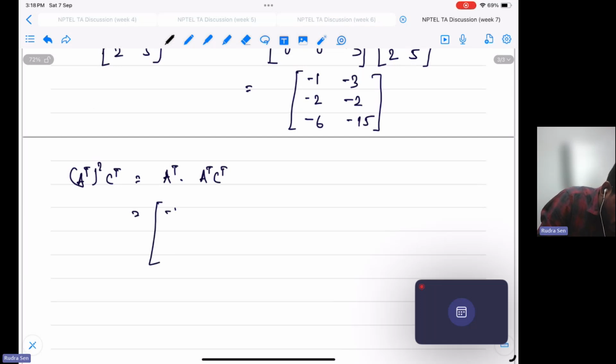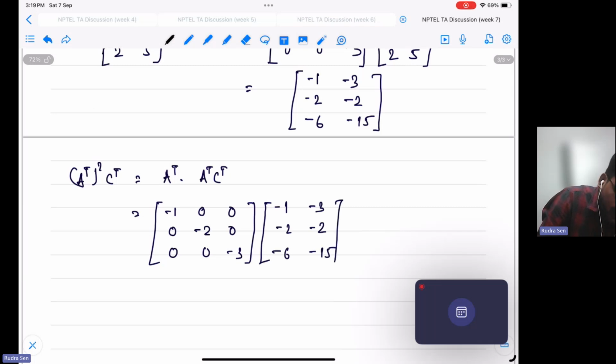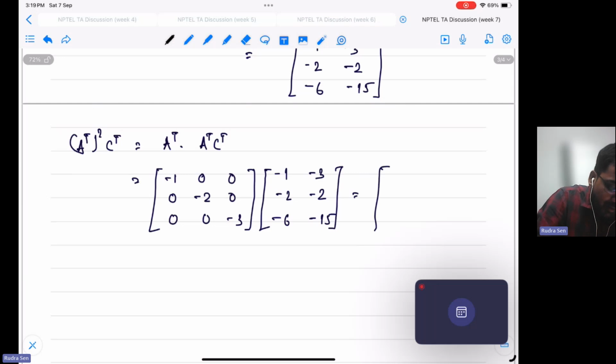So basically -1 0 0, 0 -2 0, 0 0 -3, and then -1 -2 -6 -15. So the answer is 1 3, 4 4, 18 45.